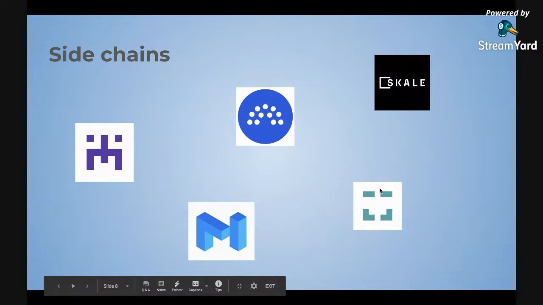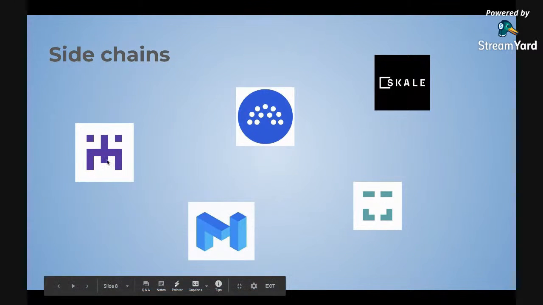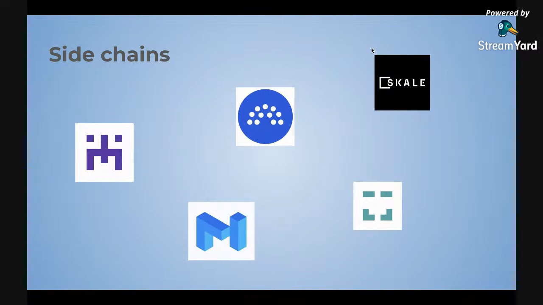XDAI over here is another proof of stake, developed by the same people doing proof of authority. Scale is also another layer 2 solution, and they've got an interesting mechanism that maybe Jason could comment on a bit more, but essentially it uses some form of randomization to have fewer active nodes. Am I correct in saying that, Jason?